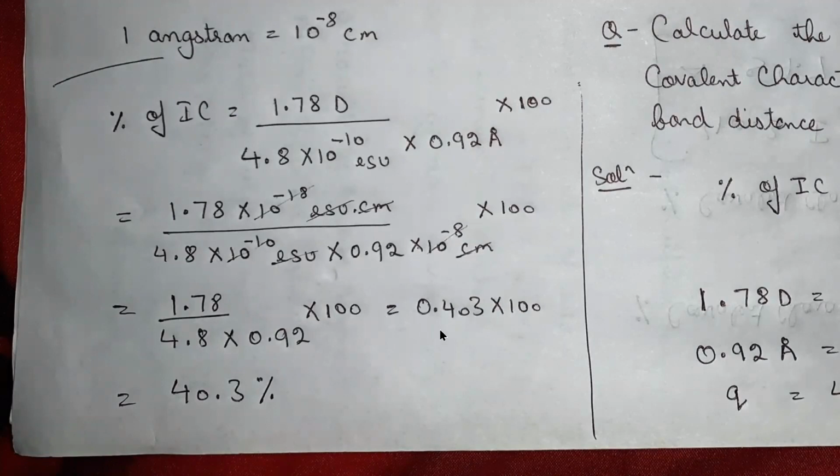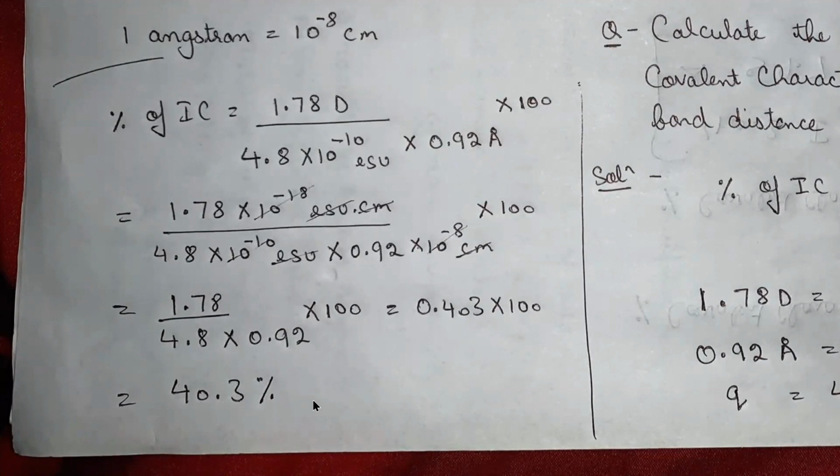We will get the value 0.403 into 100 after calculation, which is equal to 40.3%. So we calculated the percentage of ionic character in HF molecule, which is equal to 40.3%.